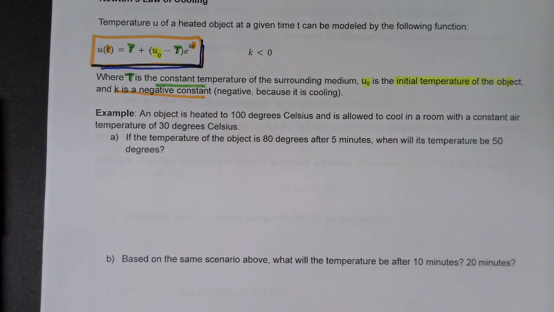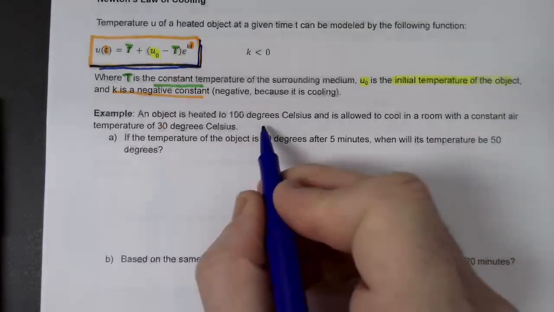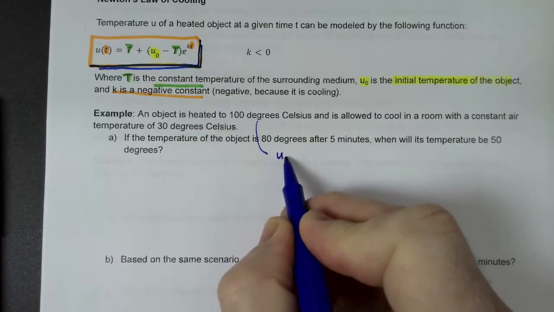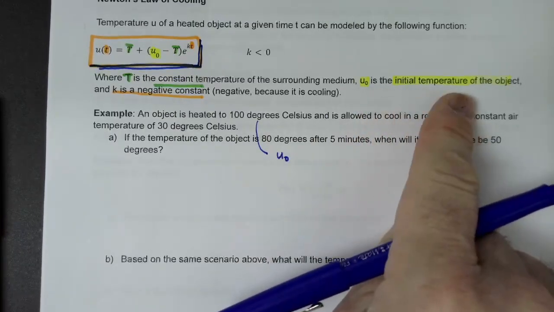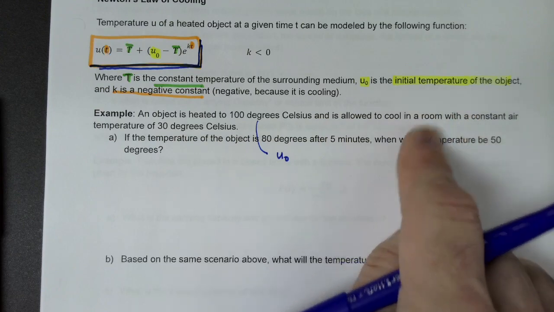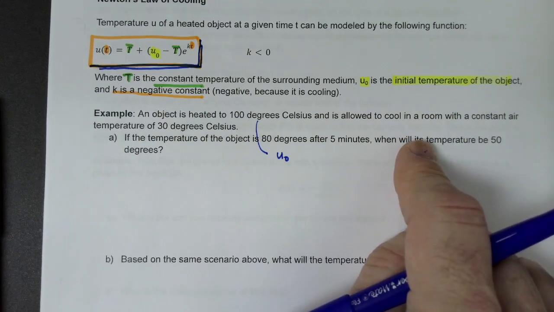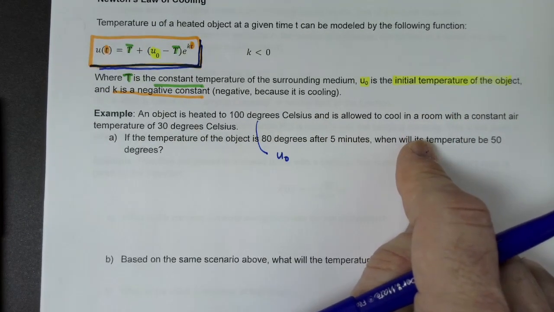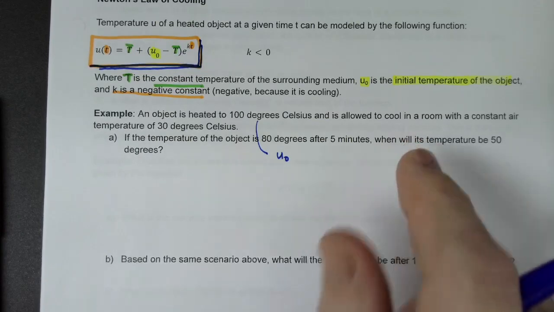We have an object that is heated to 100 degrees Celsius. Okay? In other words, this is our U sub 0, that initial temperature of the object. We've heated it up, and now it's put in a room to cool, and the temperature of that room is 30 degrees.